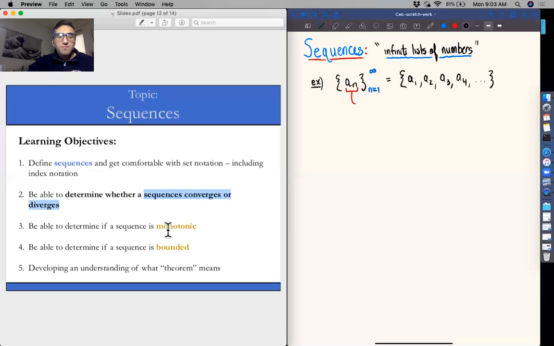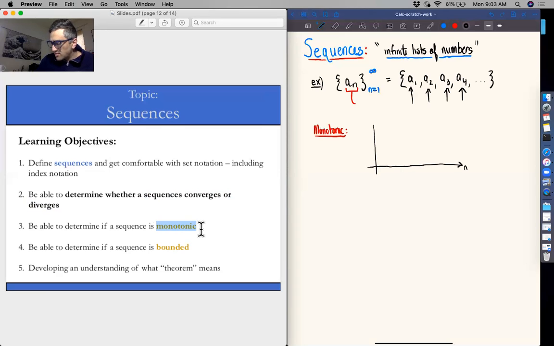We'll also introduce some other ideas such as monotonicity, or is a sequence monotonic? And for us, what this means in terms of monotonic would be if we took each of these A1, A2, A3, A4, and so on, and we plotted them. So just say n equals 1, n equals 2, n equals 3, n equals 4.